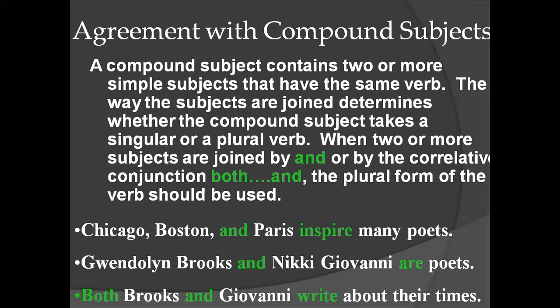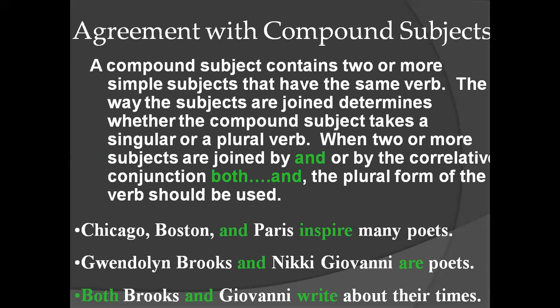Well, let's take a look at agreement with compound subjects. A compound subject contains two or more simple subjects that have the same verb. The way the subjects are joined determines whether the compound subject takes a singular or a plural verb.